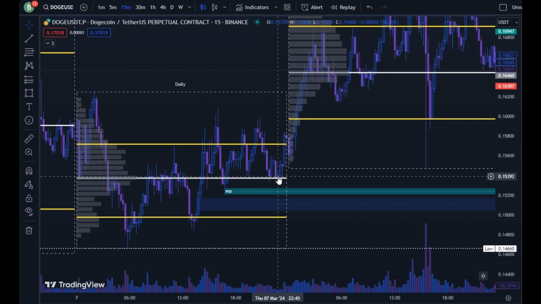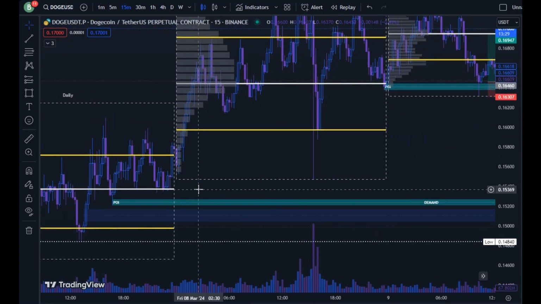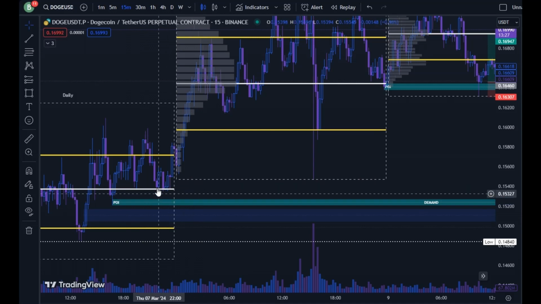I'm not taking that trade, and I won't be taking that trade because it's not really come back to my point of control, which is my point of interest, which is just here.